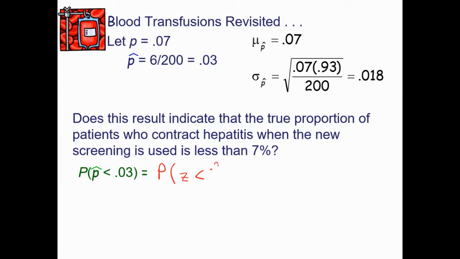Z is less than 0.03 minus 0.07 over 0.018. Okay, so what do we get for the z-score?